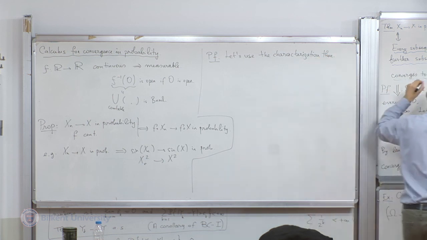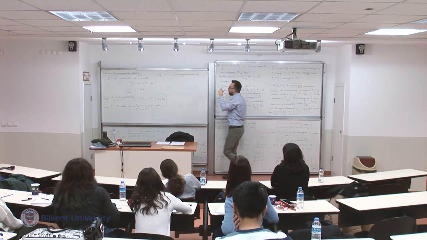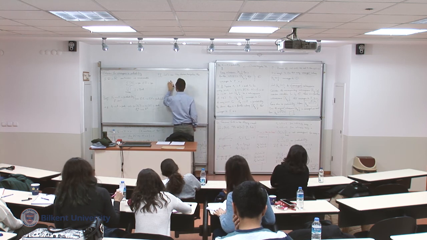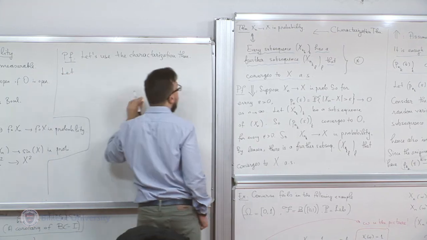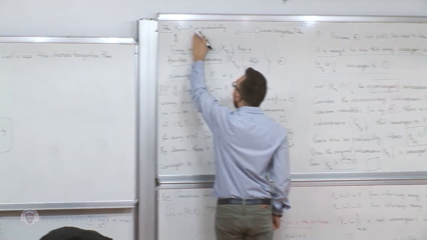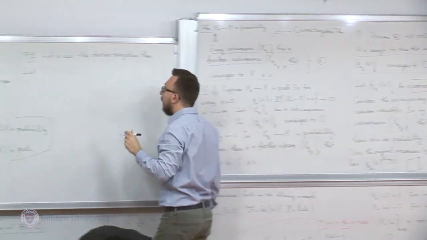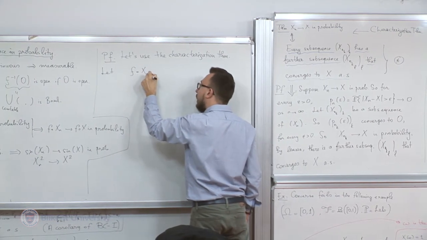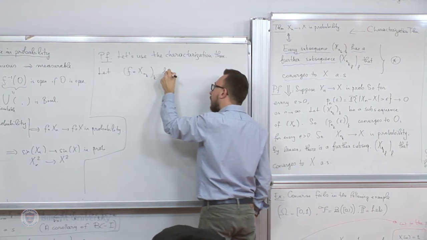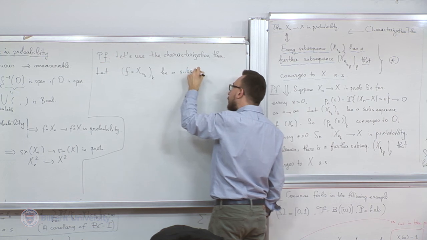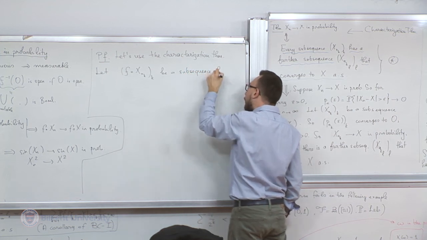Okay, this is the characterization theorem because it is if and only if. So we want to show that f of Xn converges to f of X in probability. So we need to take a subsequence. Let f of X_{n_k} be a subsequence of f of Xn.